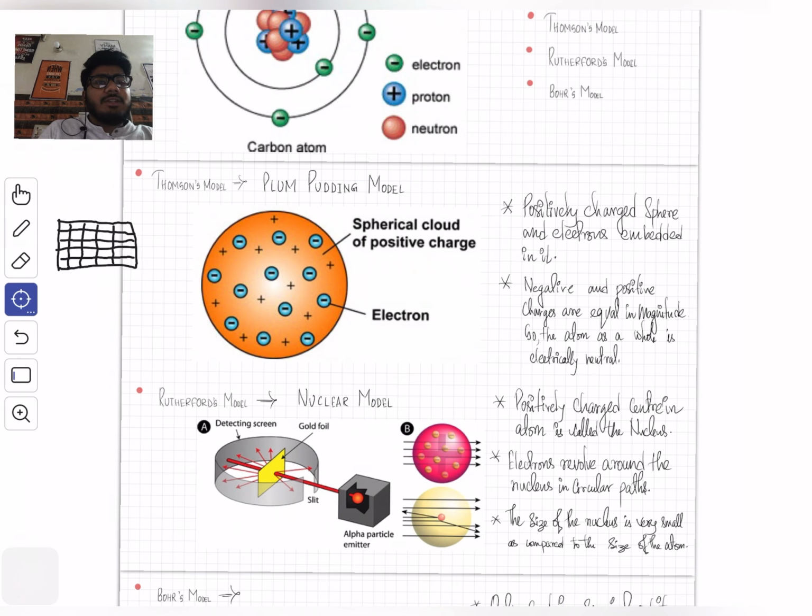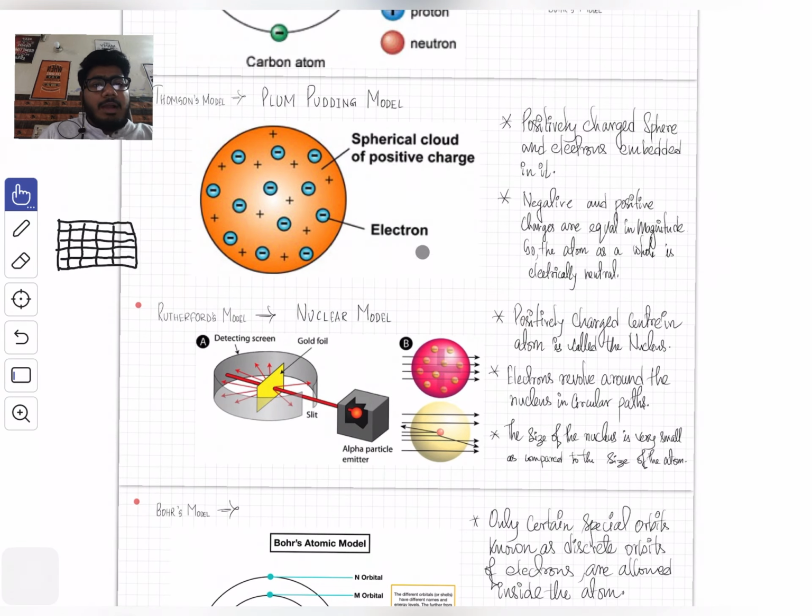He also said that the spherical cloud is positive in nature, and within it there are electrons, and together they make the whole sphere neutral in nature. The negative and the positive charges are equal in magnitude. So this is what we got to know about the Thompson's model, which is also known as the plum pudding model.